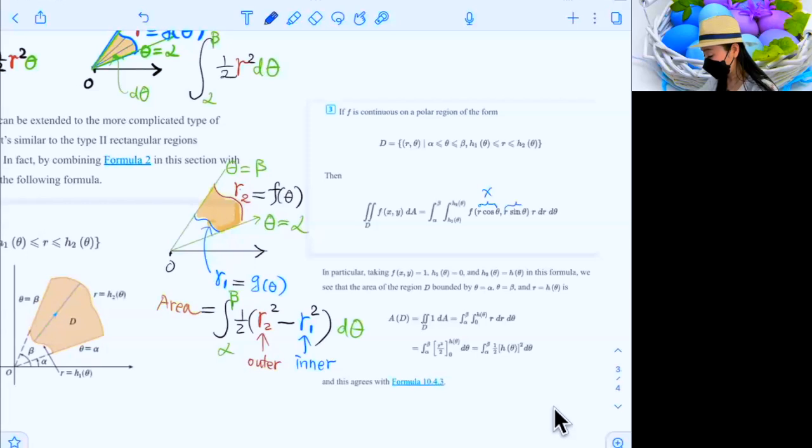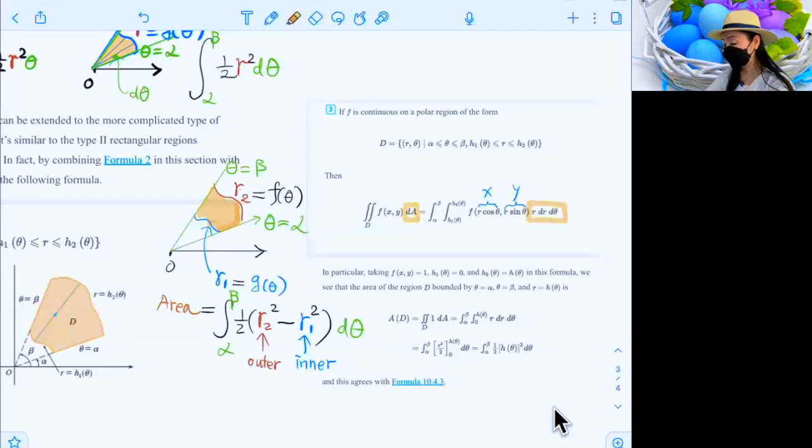And this is the y. So we replace this x by r cosine theta, and then y here by r sine theta. And again, the dA over here, you replace by r dr d theta.